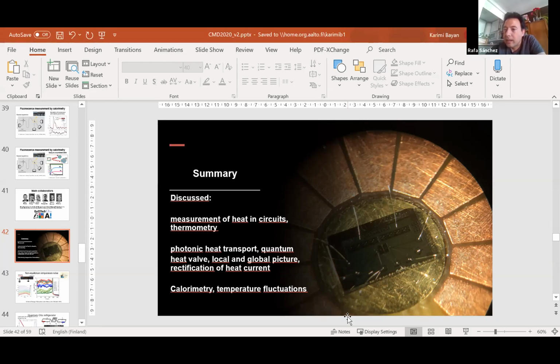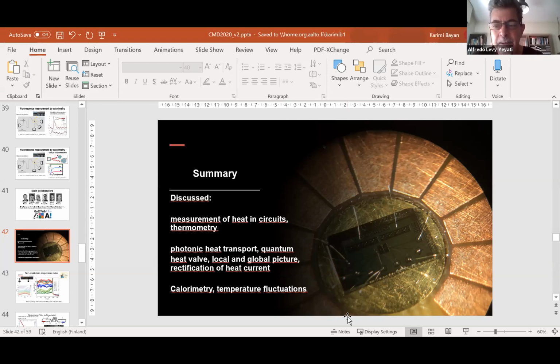Okay, Alfredo, you can. Hello, thank you for the talk. I was curious about why you say you have difficulties fitting the theory for the rectifier in the case where you have asymmetric resonators coupled to the qubit. Yes.